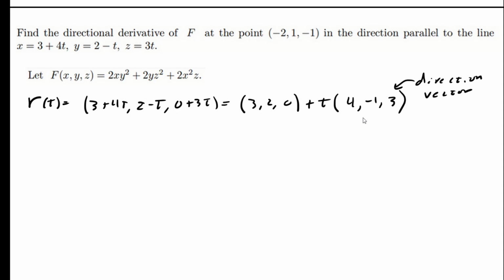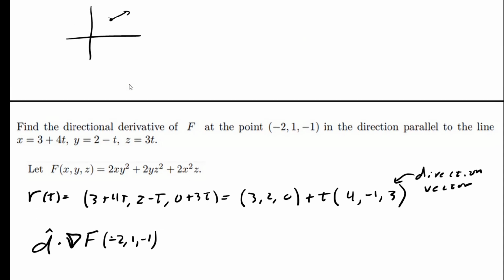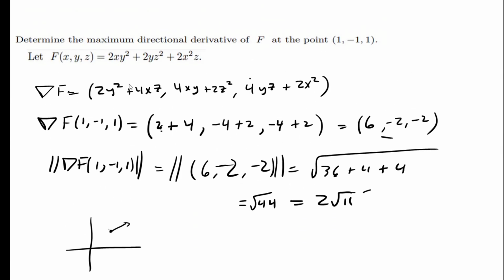Now it's not a unit vector. We have to make it a unit vector just like we did before. But we do the same thing. Now we want to find the directional derivative, dot gradient of f at the point -2, 1, -1. I know what the gradient is. I just computed that up here.